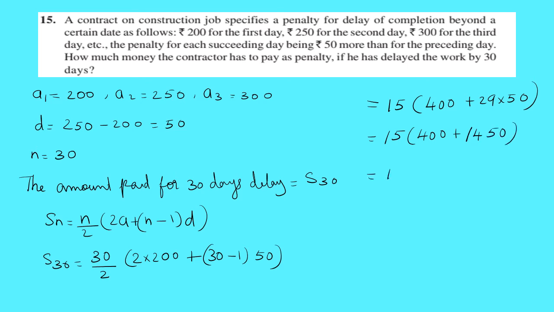That is 15 multiplied by 1850. That is equal to 27750.